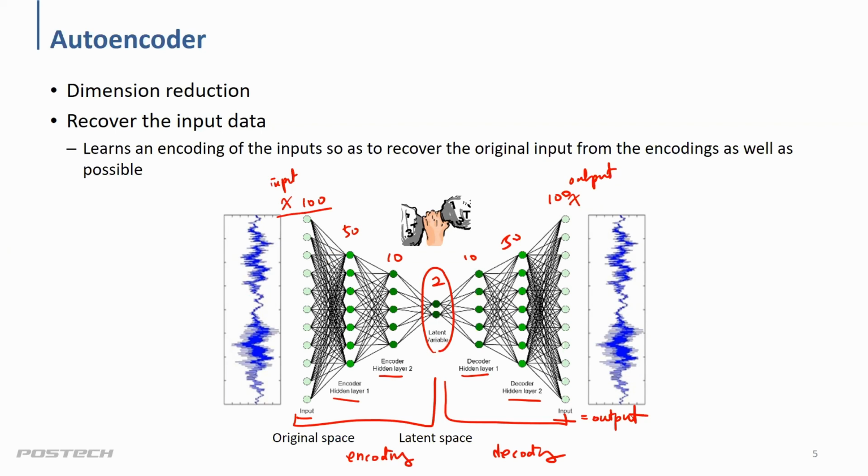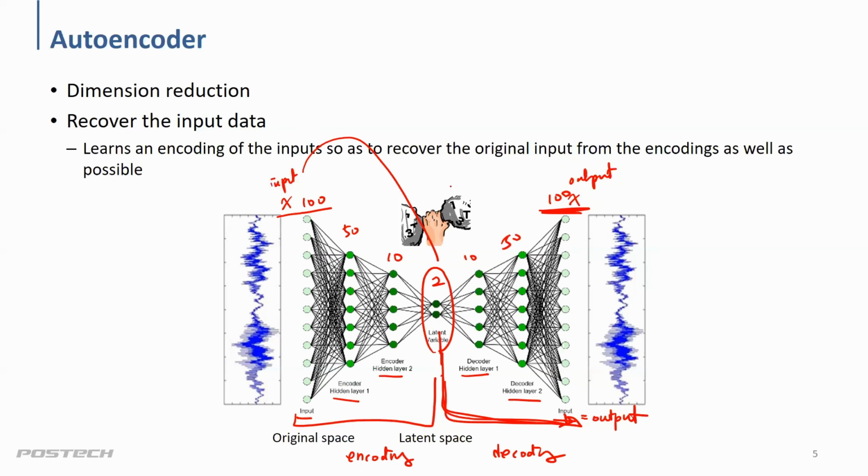That means, for the decoding part, we have to recover the values of 10 neurons from 2 latent variables. And for the encoding part, from 100 neurons we have to compress the information into 2 neurons.